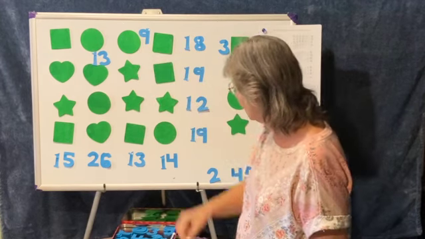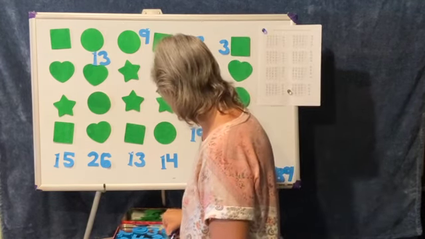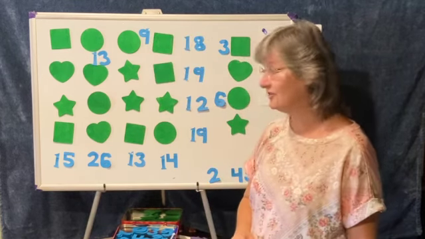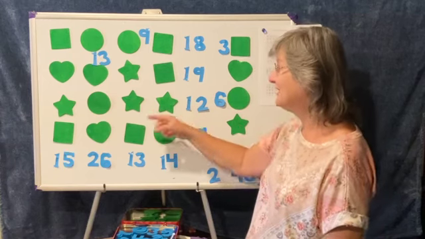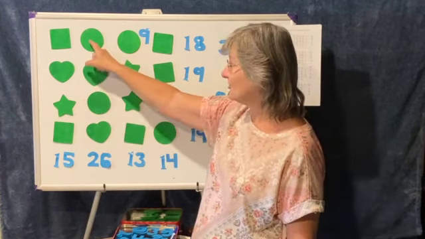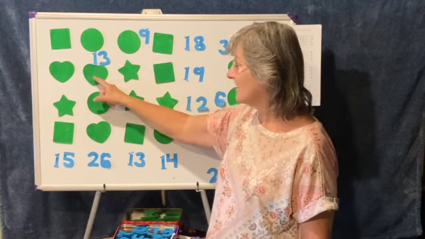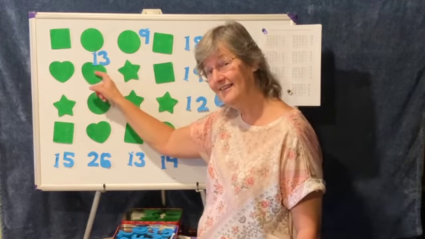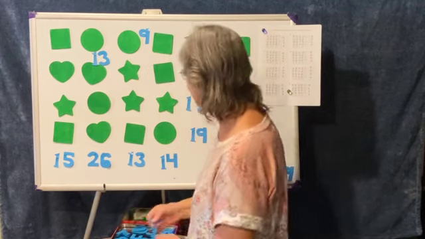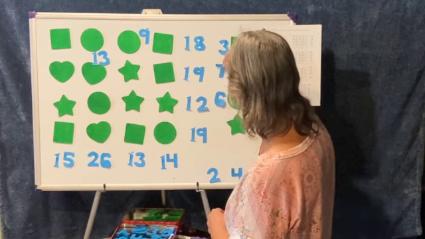So that circle is a 6. So let's put a 6 by our circle. Once we know the circle, we can get the heart. If the circle is 6, the heart must be, you're right, it's a 7. Because 6 plus 7 make 13.